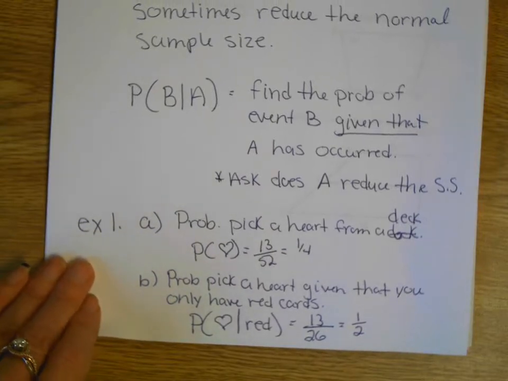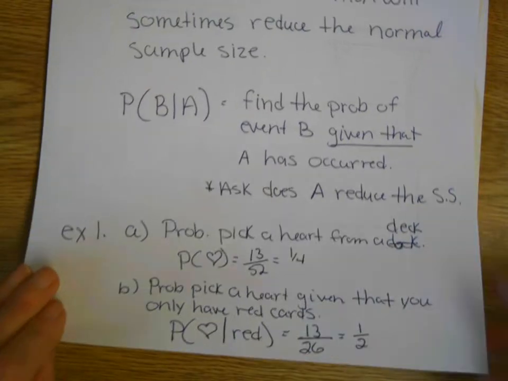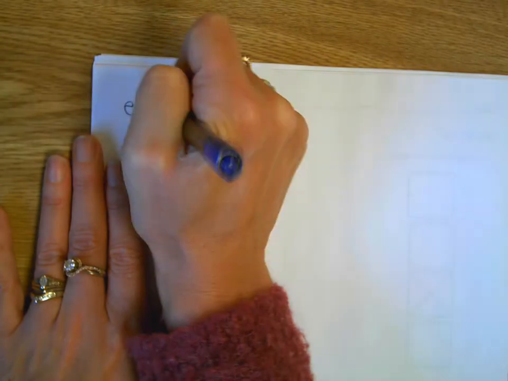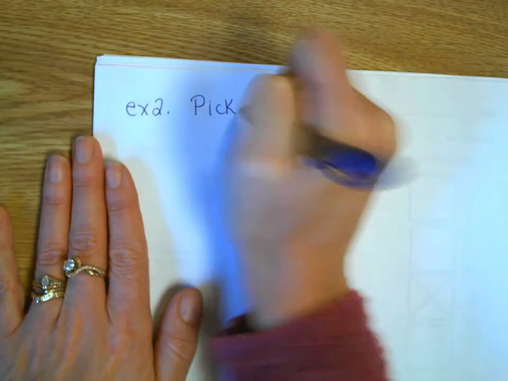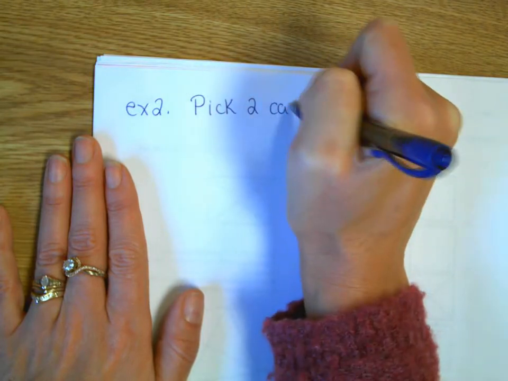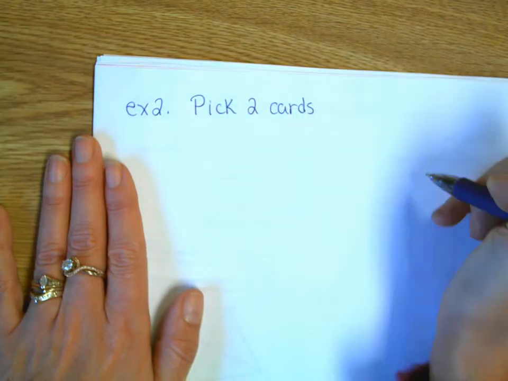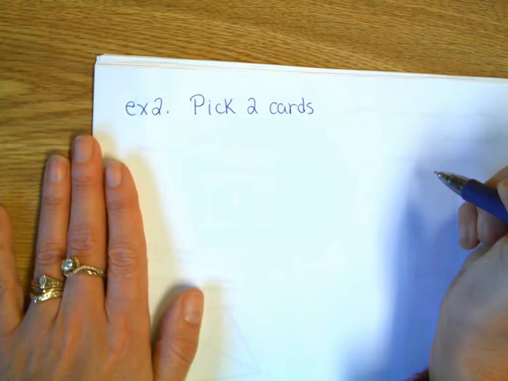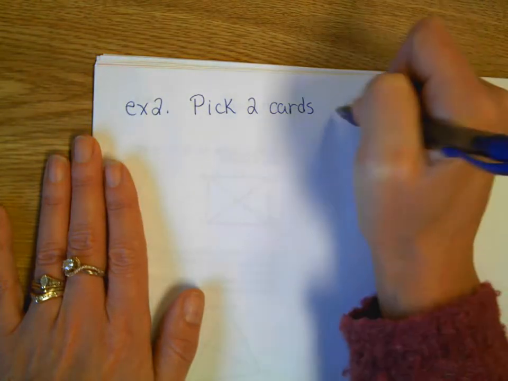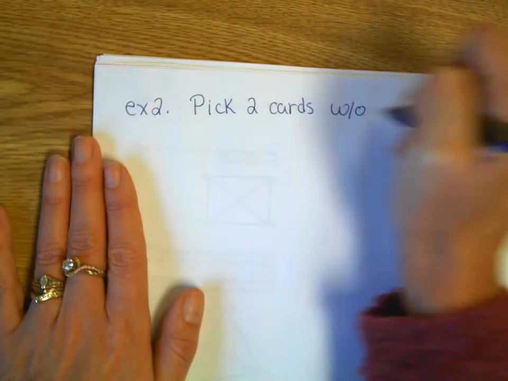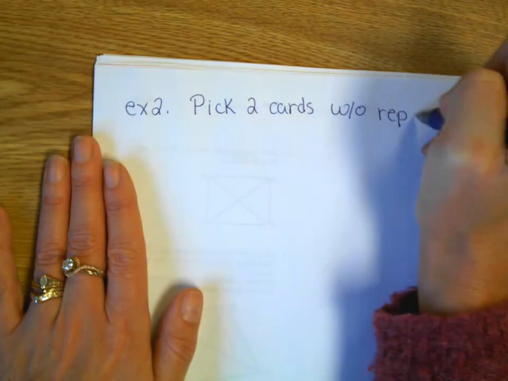Okay. Let's get rid of this. Now we're going to pick 2 cards from a deck of cards without replacement. So you're going to pick a card, keep it, and then pick a second card, without replacement.